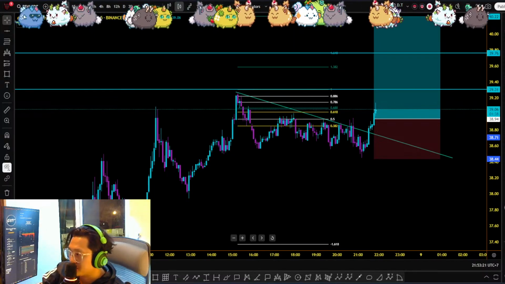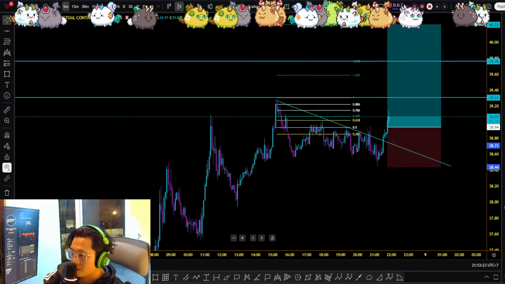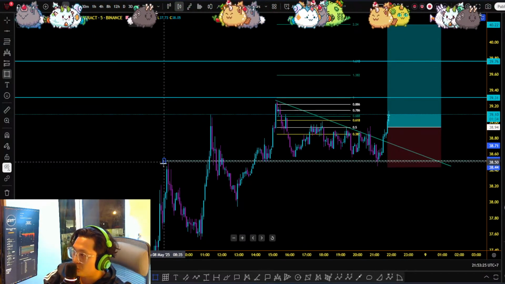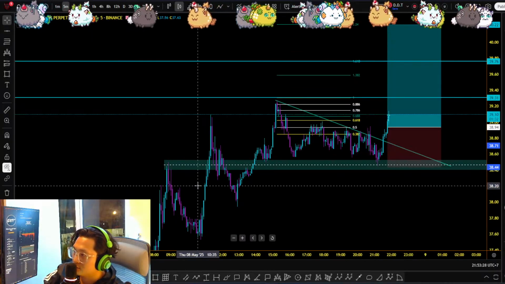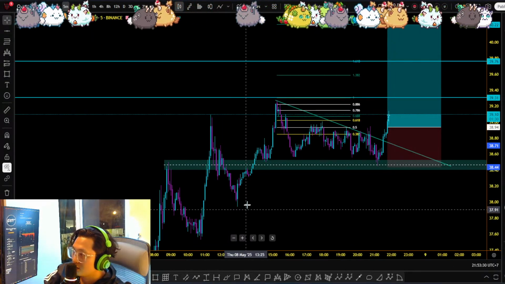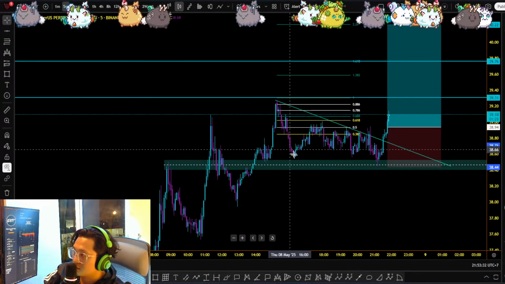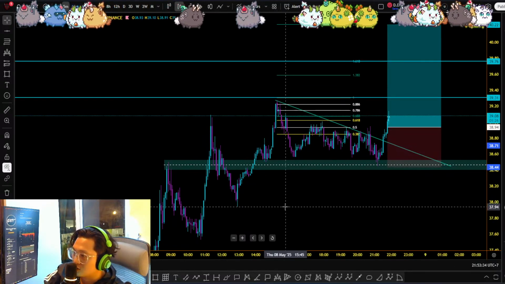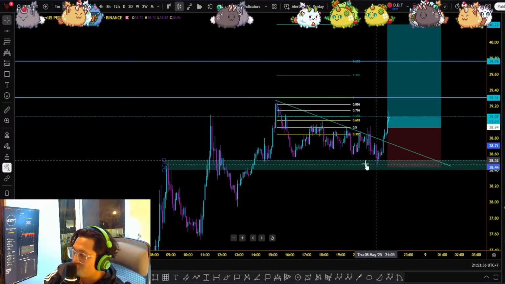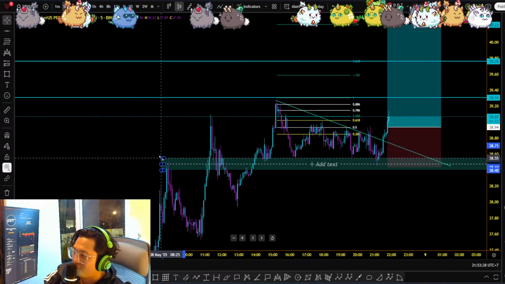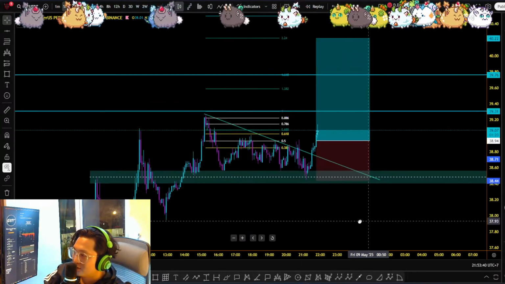But this one, you can see the support in here. We got support, breakout, false break, try to break, retest. So we got four times support in here, and it's quite strong.